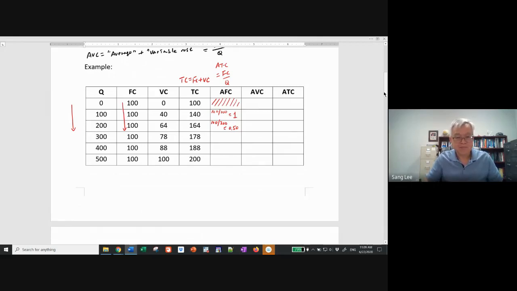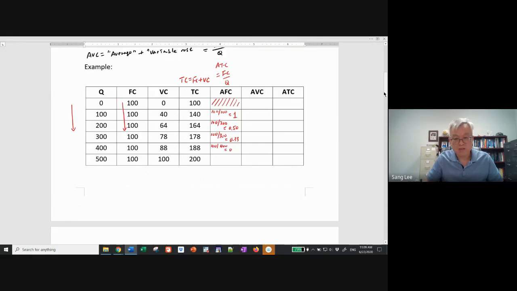Now let's do it here. What if you produce 300 units? We're going to divide $100, the fixed cost, by the quantity 300. So it'll be about 33 cents. And likewise, if you produce 400 units, we're going to divide fixed cost by the quantity 400.